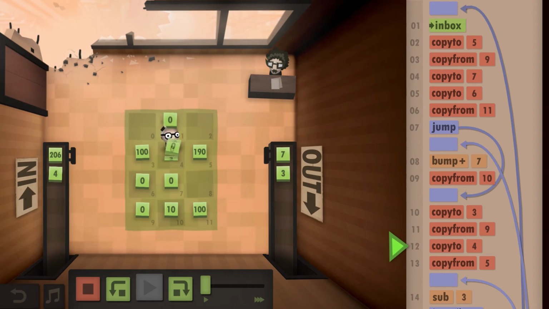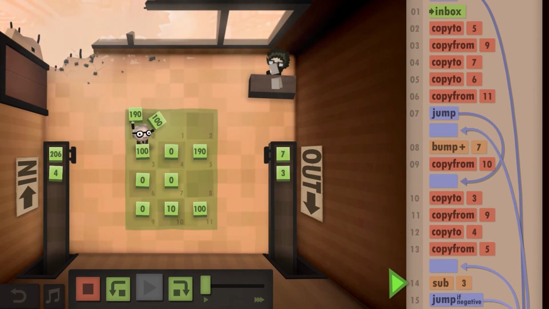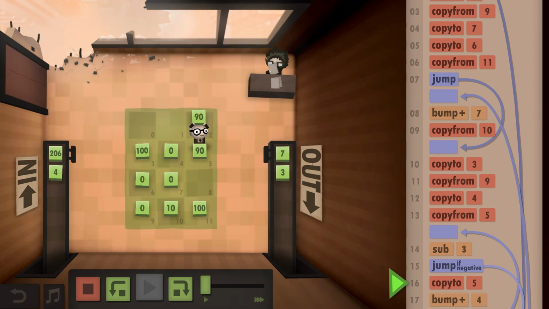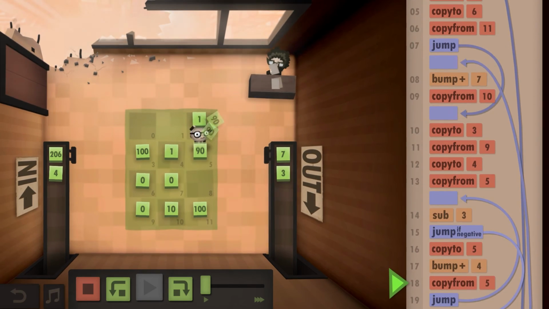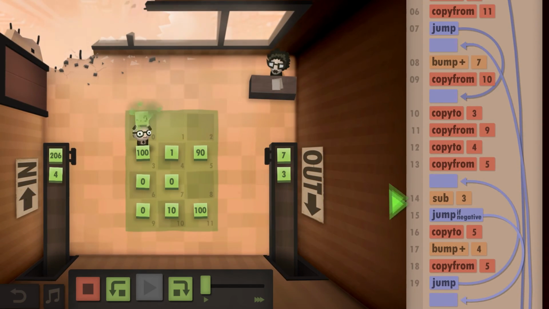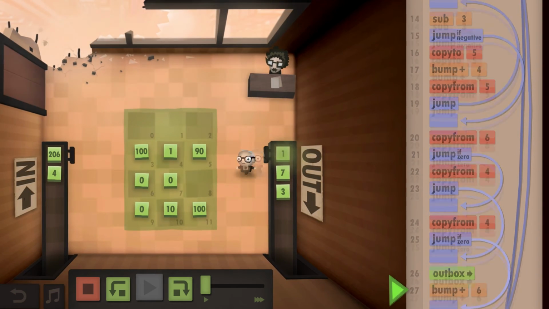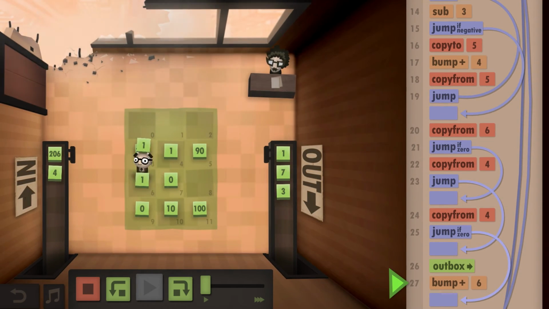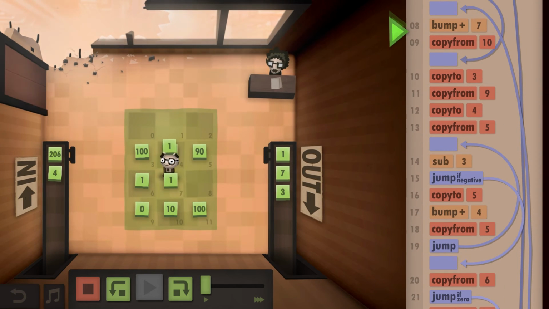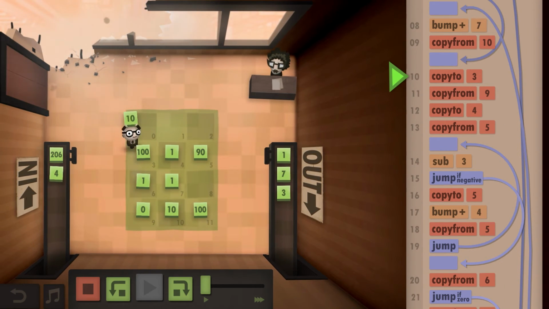So this is digits, by the way, and this is the output number. I realized that I forgot to actually mention what those were for. So we got 1 100s, and we shall have 9 10s.